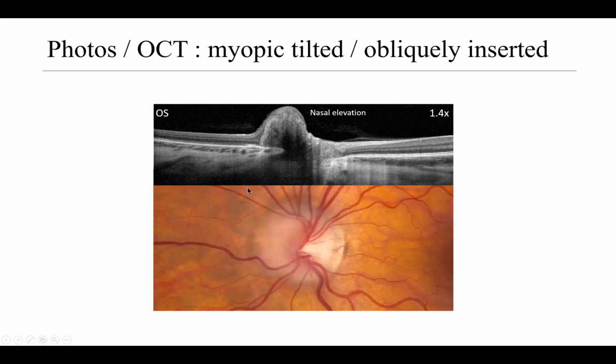Sometimes you can see the margins of the scleral canal, and you'll see that it's obliquely oriented, frequently associated with a temporal crescent and RPE changes, or peripapillary atrophy. And the other feature is our friend, the FOM. So here's another cause of FOMS due to pseudo-papilledema, has nothing to do with drusen.